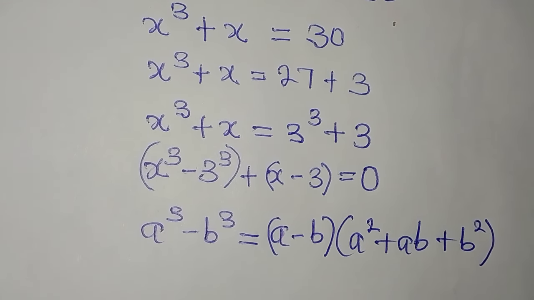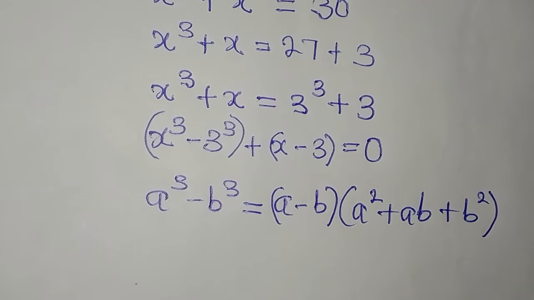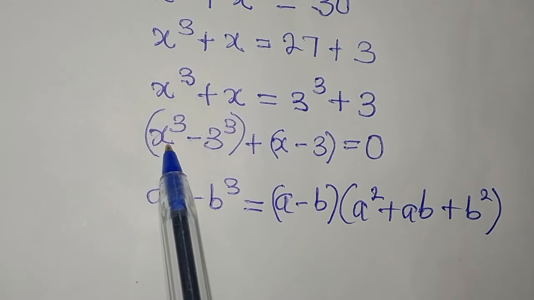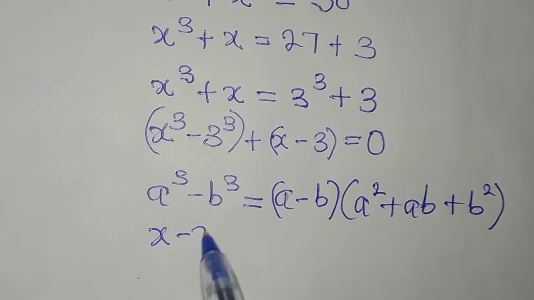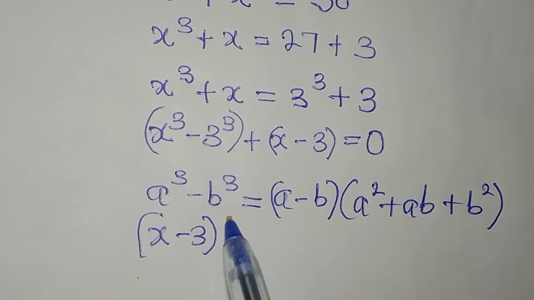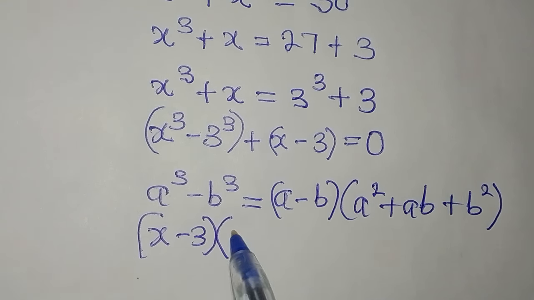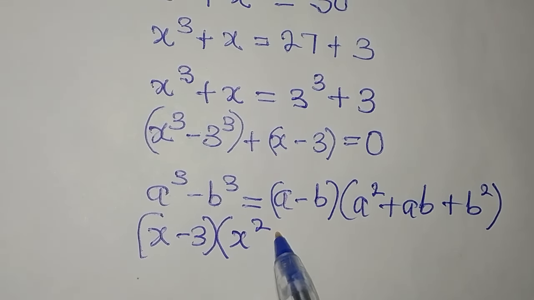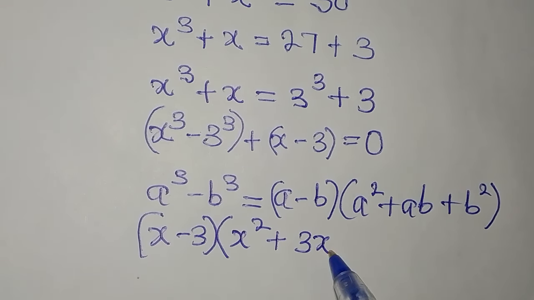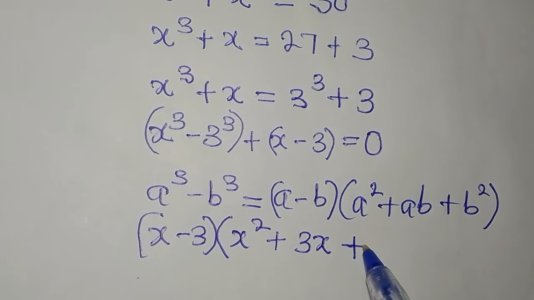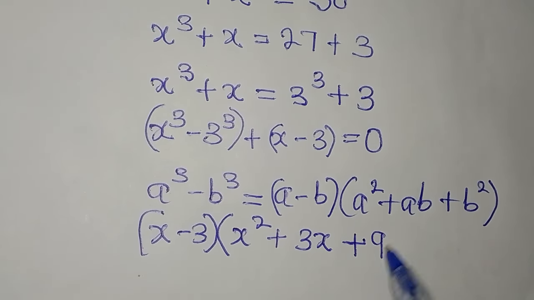So x to the power of 3 minus 3 to the power of 3 will now be x minus 3 into a squared, that is going to be x squared. ab is 3 times x, and that is 3x, plus b squared, which will be 3 squared, and it's 9.